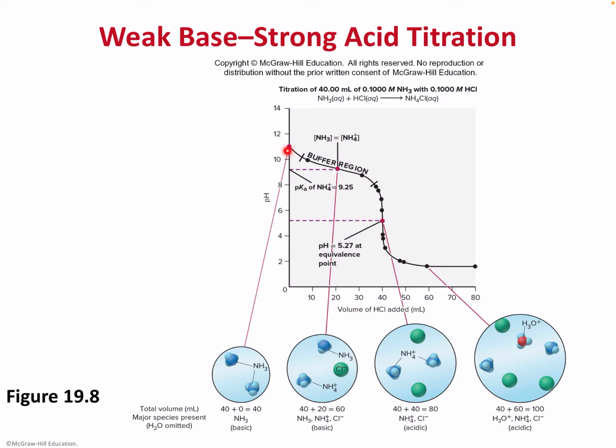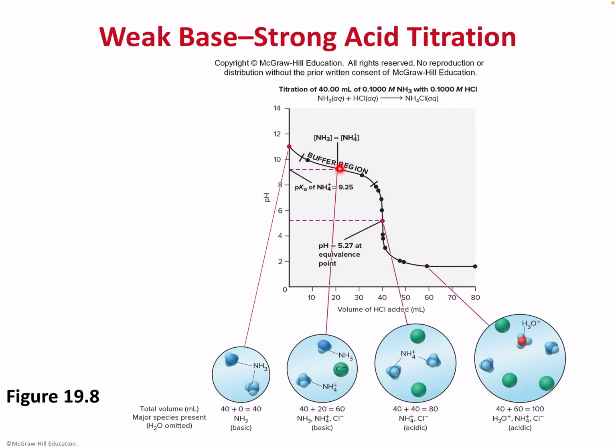And then just like in a weak acid strong base titration, as we add hydrochloric acid into this, you can see the pH drops. And there comes a point where, so this is ammonia solution, which is ammonium hydroxide, ammonia becomes similar to the ammonium ion concentration. That is the buffer region.